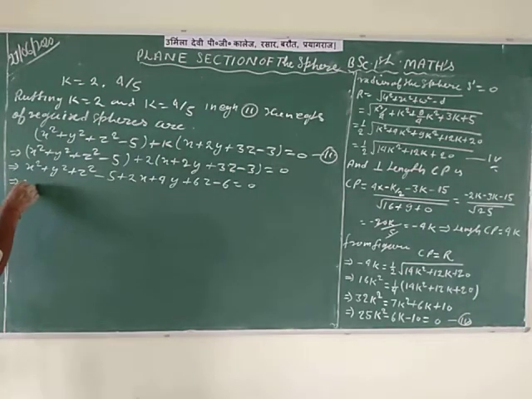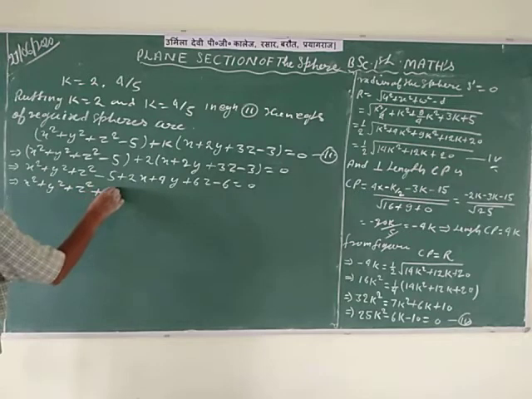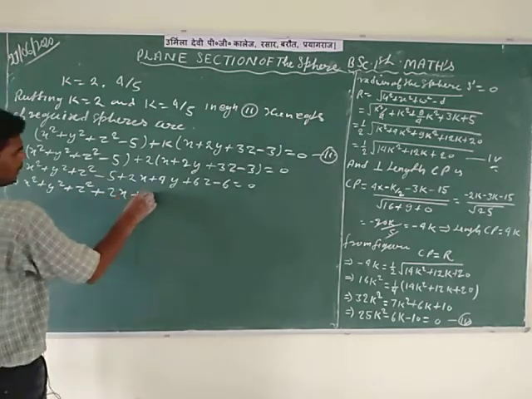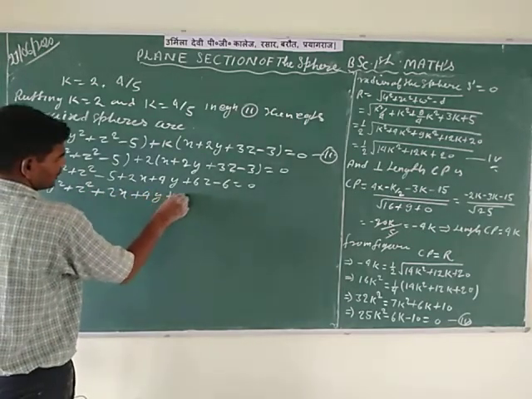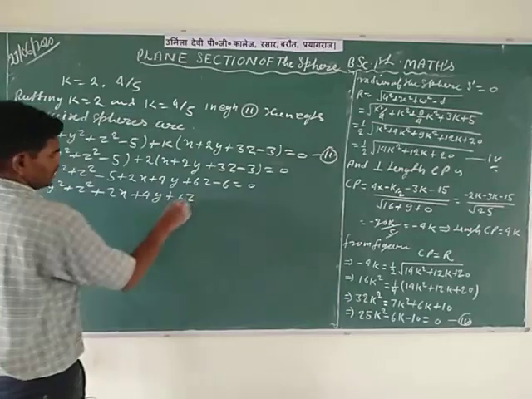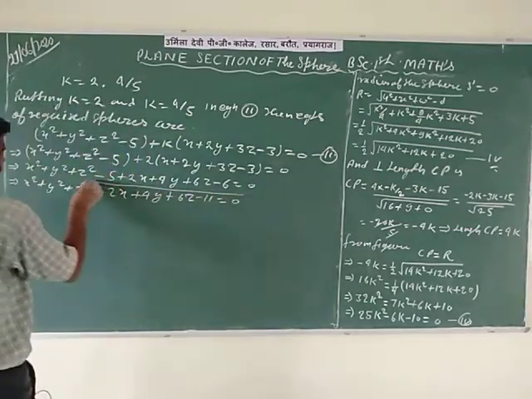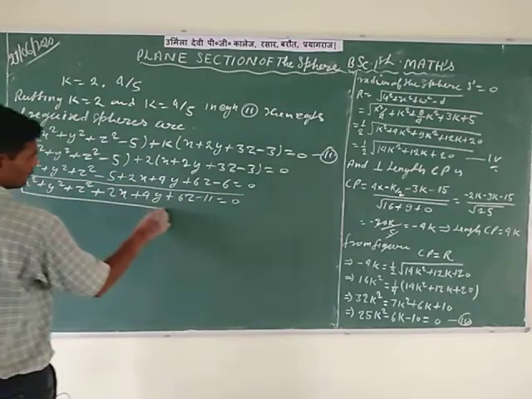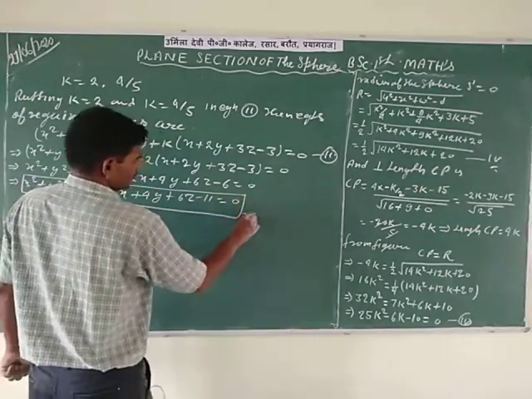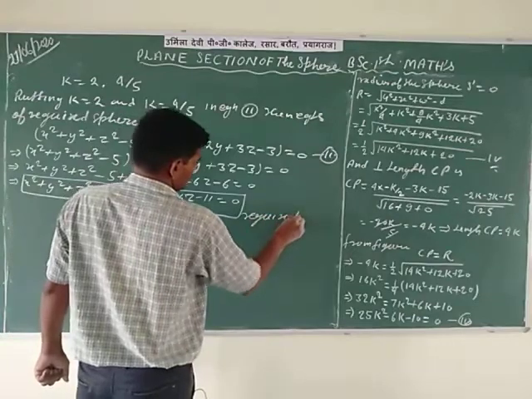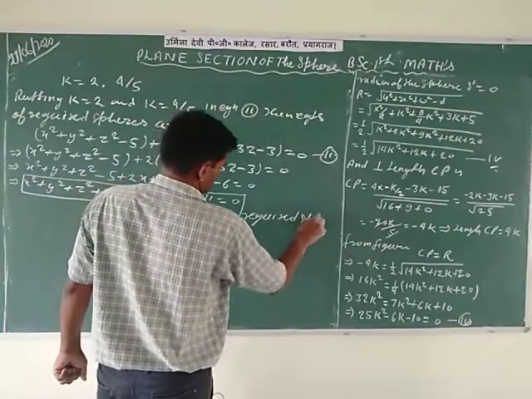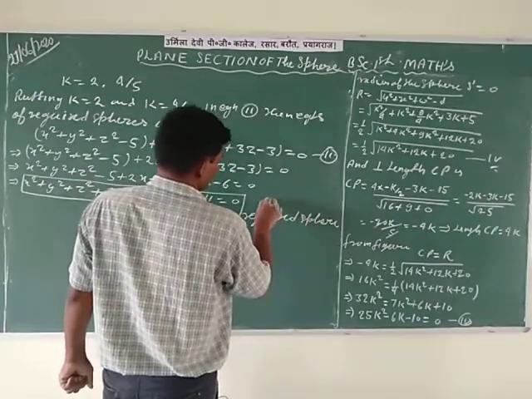So x square plus y square plus z square plus 2x plus 4y plus 6z minus 11 is equal to 0 is the first required sphere equation. Suppose that is first.